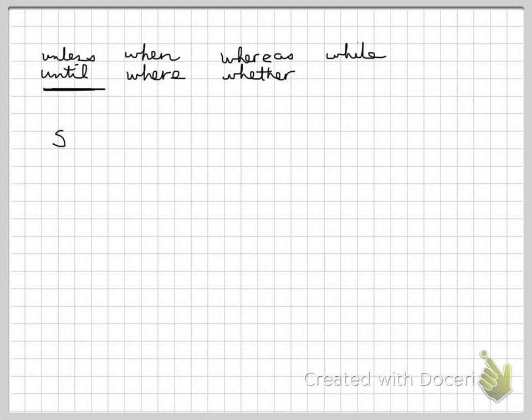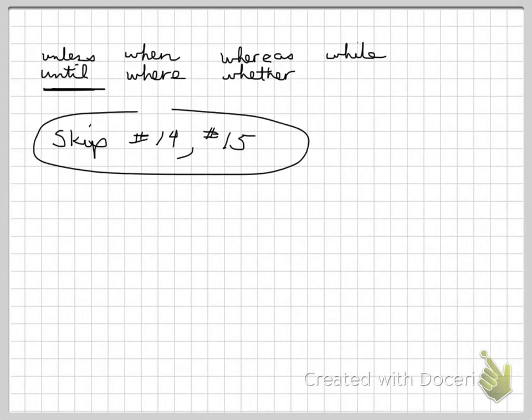Now, I realize that this tape is already very long, so I want you to skip number 14 and number 15. We will do those in next week's tape and talk about the whole subject of compound-complex sentences later. Okay, so this should be a good foundation for answering these questions. Make sure you truly do understand them.